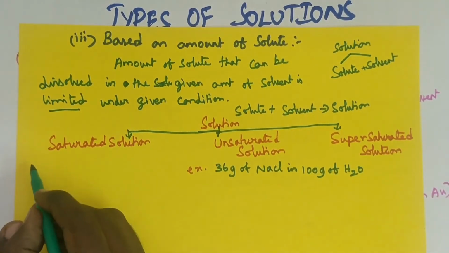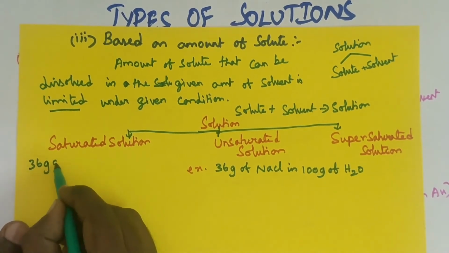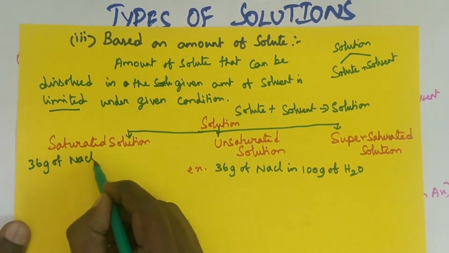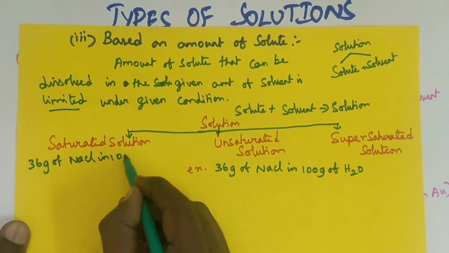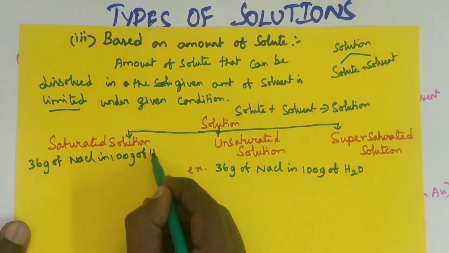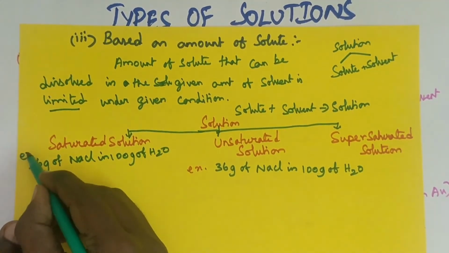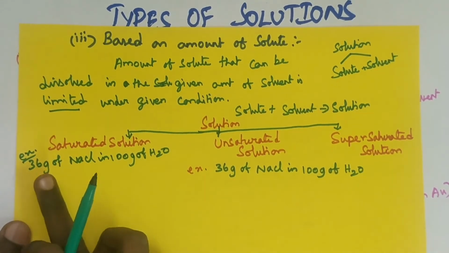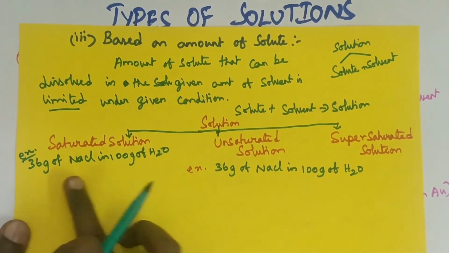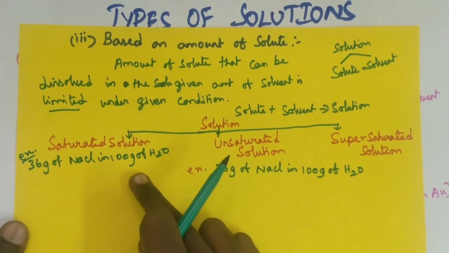So first one is saturated. Saturated means 36 gram of NaCl in 100 gram of water. It is an example for saturated. Saturated means up to 36 gram it is completely dissolved in 100 gram of water.